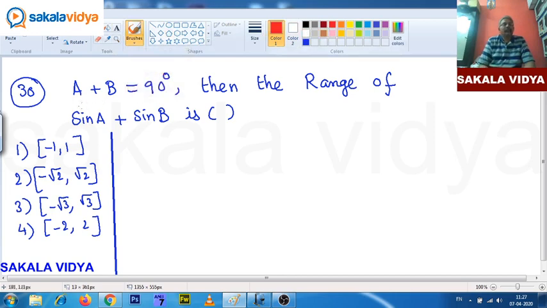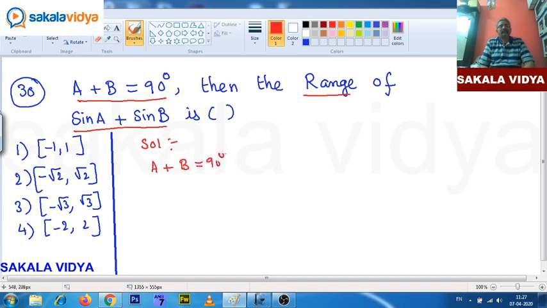Okay. Here A plus B is equal to 90 degrees, given. Next, the range of sin A plus sin B we need to find out. So what is the plan? Let us change sin B in terms of A. That can be done using the given condition, A plus B equals 90 degrees.